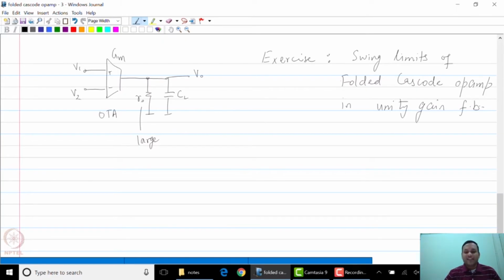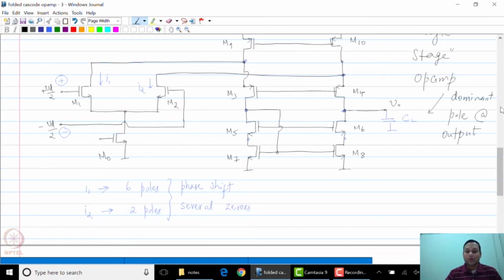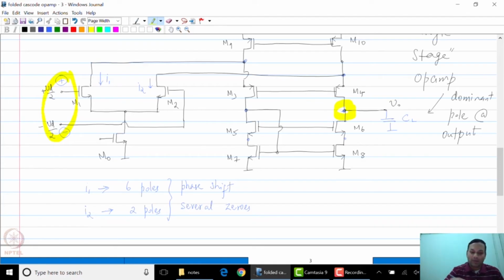You need to convince yourself that the same problem that you had with the telescopic op-amp, where you had a swing limit limitation when you connected the op-amp in unity gain feedback, does not exist for this folded cascode op-amp. I will just remind you, as a quick hint, that from the basic structure the input common mode is now somewhat isolated from the output common mode. So you should apply the unity gain feedback on this structure and convince yourself that it really does not have the same problem.